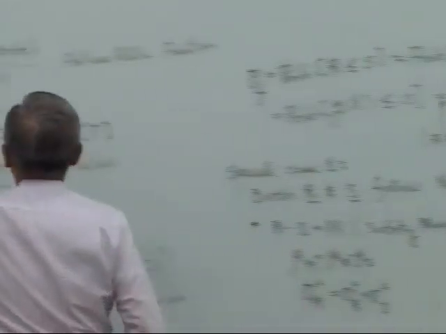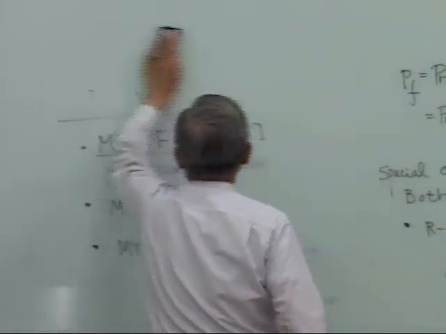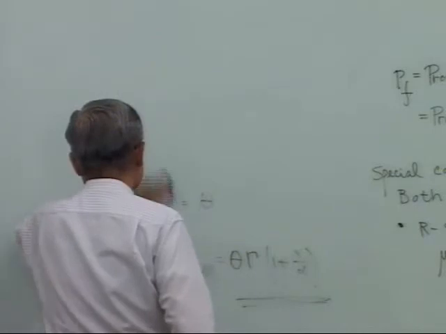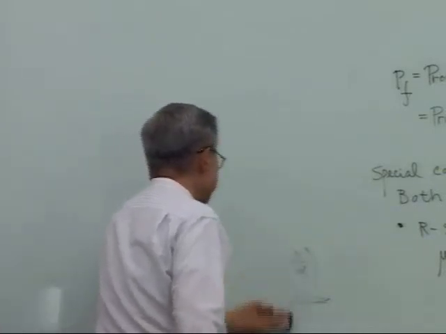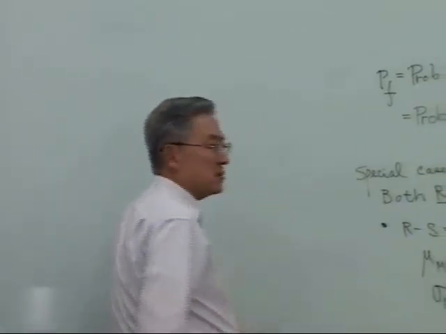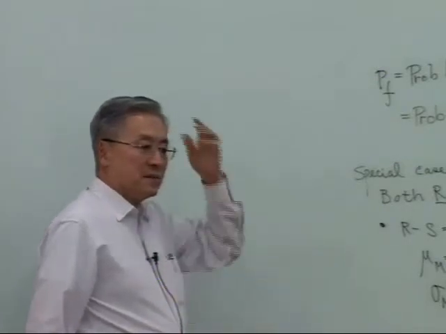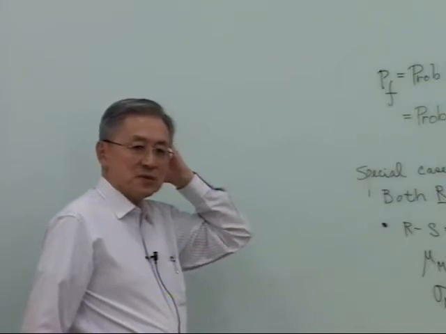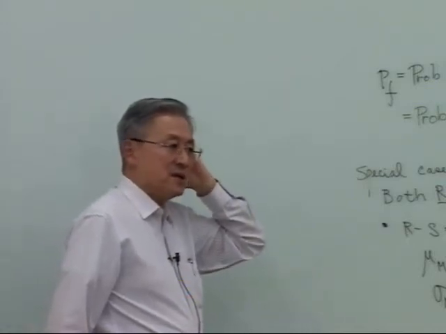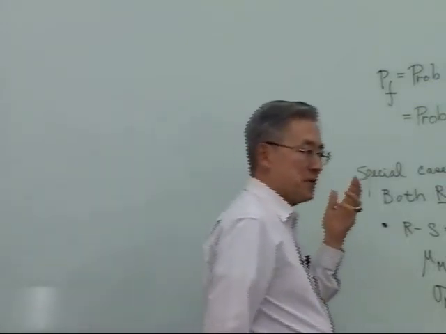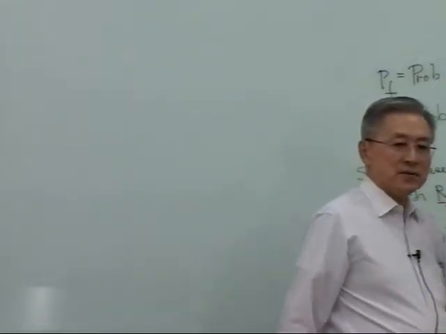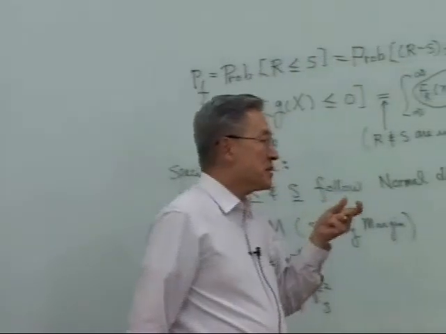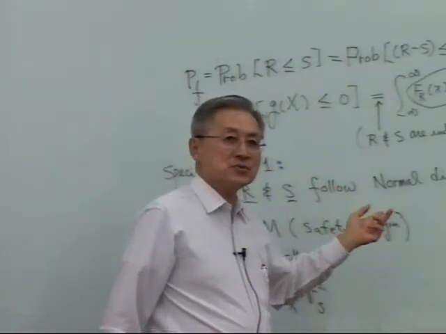All right. So the normal distribution situation is somewhat easier. But for other distributions, it is not easy, even with the two parameters R and S. So Monday next week, I will do the normal distribution.